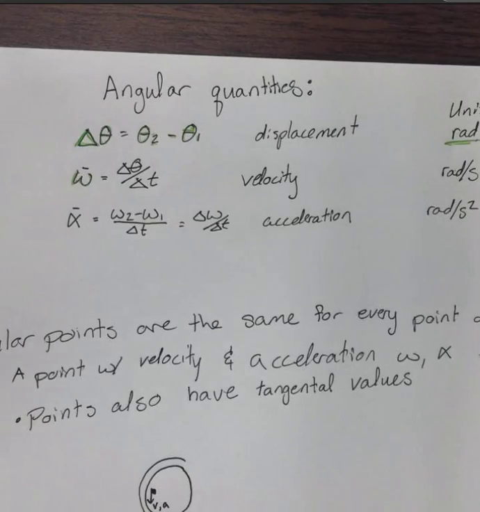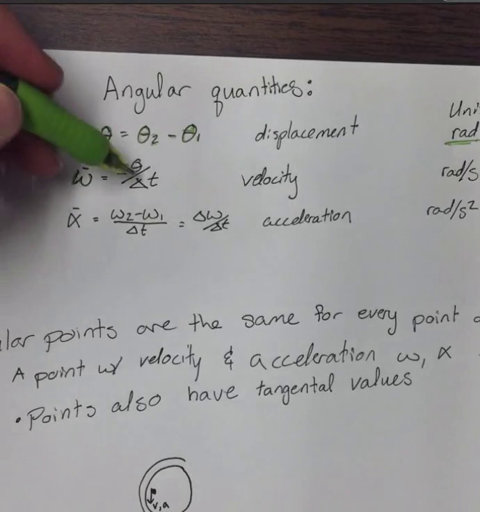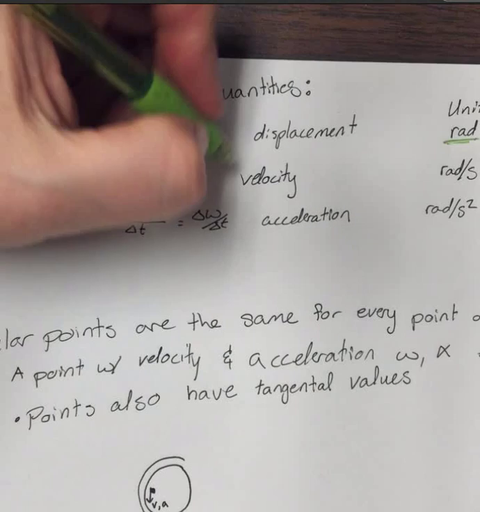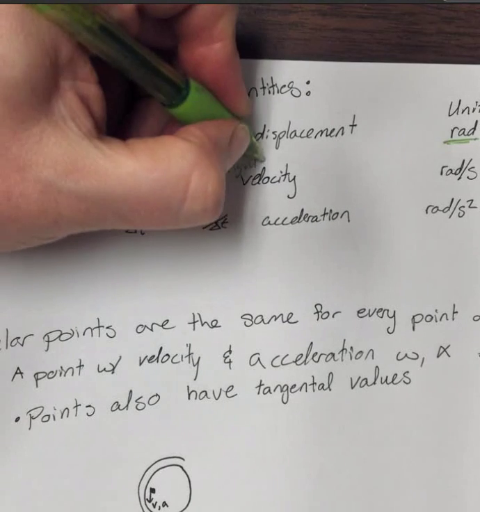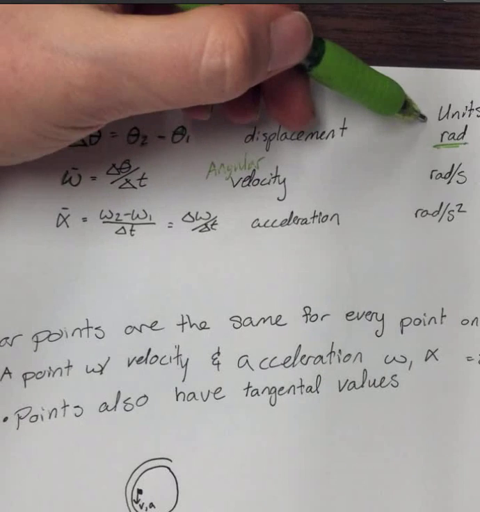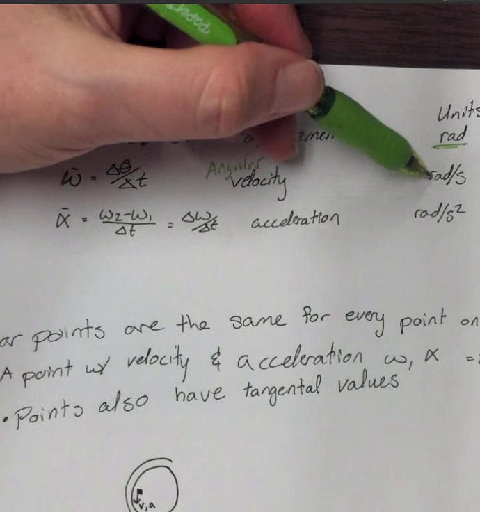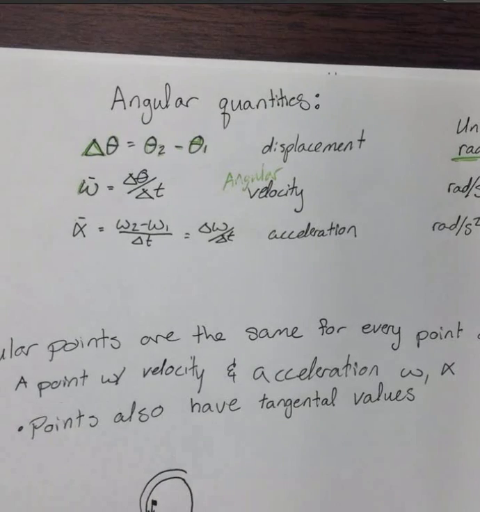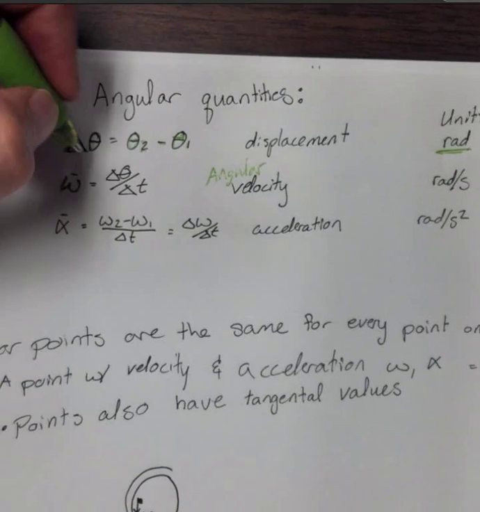And what we do is we say that velocity is displacement over time, so our angular displacement is delta theta. So delta theta over time would be our angular velocity. And since displacement is in radians, angular velocity will be in radians per second. And this is for average velocity.